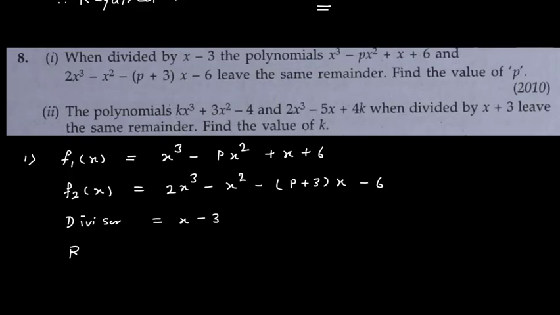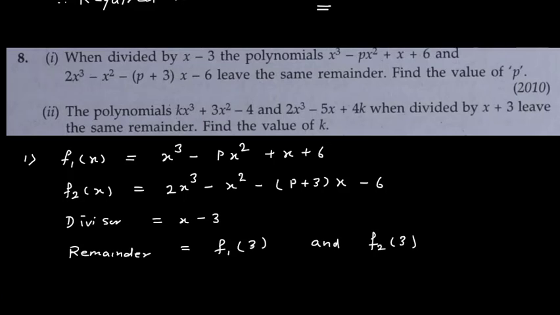So remainder will become f1 of 3 and f2 of 3. In both the functions I will put in place of x as 3.